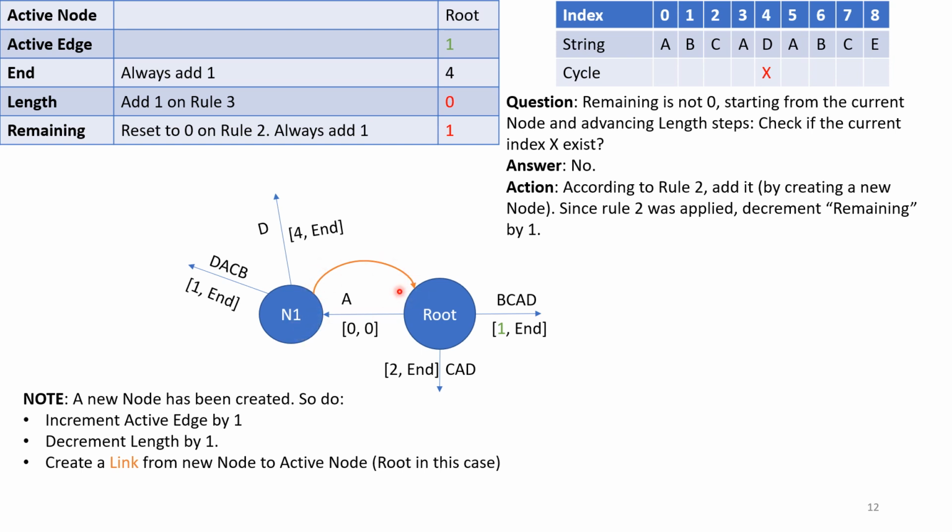Then we will modify this link if we create another node in the same cycle: that link will point to the new node, and the new node will point to root. In this case, we're not there yet, so it's just going to point to root. Since we added the node, we decrement length by 1, and we will increment the active edge by 1.